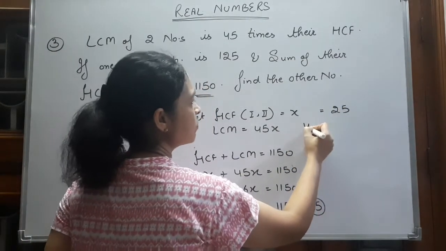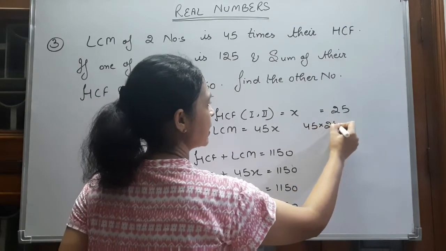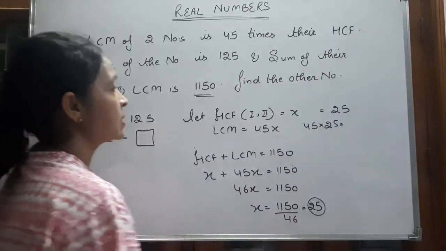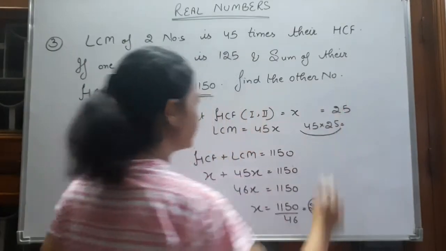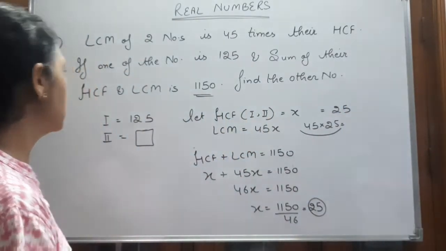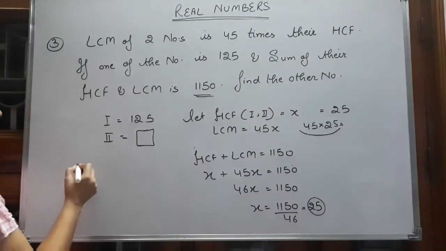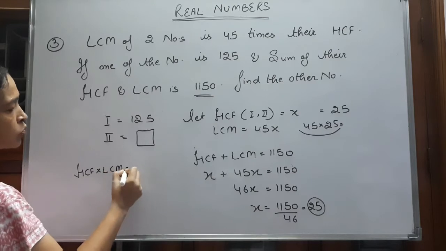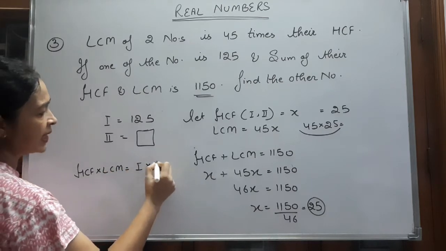What will be the LCM? 45 into 25. So we have to find the two numbers. This is our LCM, 45 into 25. So we have a formula which is HCF into LCM equals first number into second number.